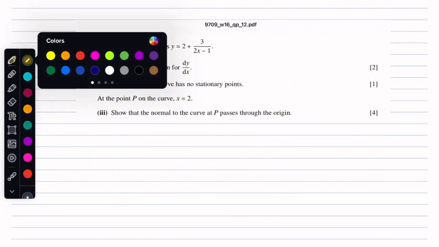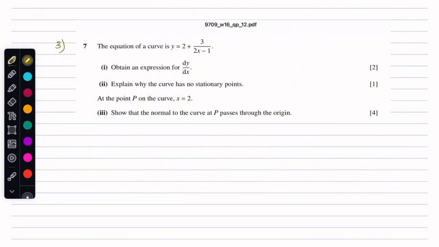For part 1, they have given us the curve equation, which is y equals 2 plus 3, and I'm writing this equation by taking the denominator to the numerator and having the outer power, which is -1. So I have this equation. I need to have the first differential of y with respect to x, so dy by dx here. 2 is a constant, it gets eliminated.